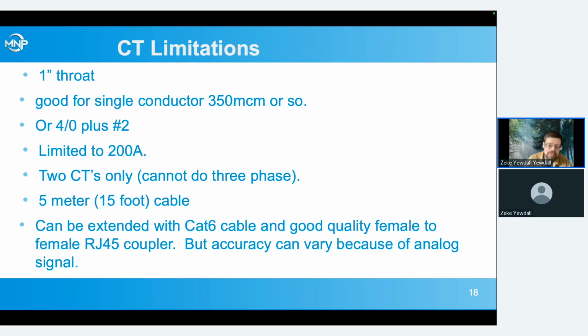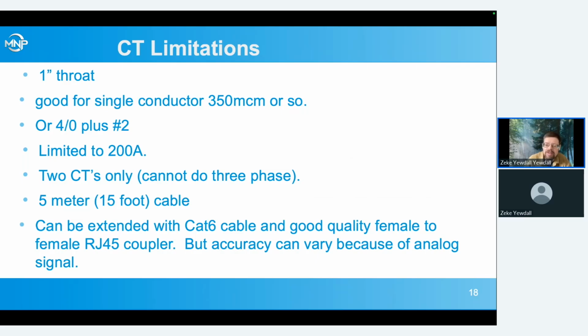The CTs come with a 15-foot cable. If you're mounting your inverter right next to your main service, that's probably fine. If you're on the other side of the house or the other side of the garage, that might not work. You can extend the CTs with a Cat6 cable and good quality RJ45 couplers, but the accuracy can vary because it is an analog signal on those.